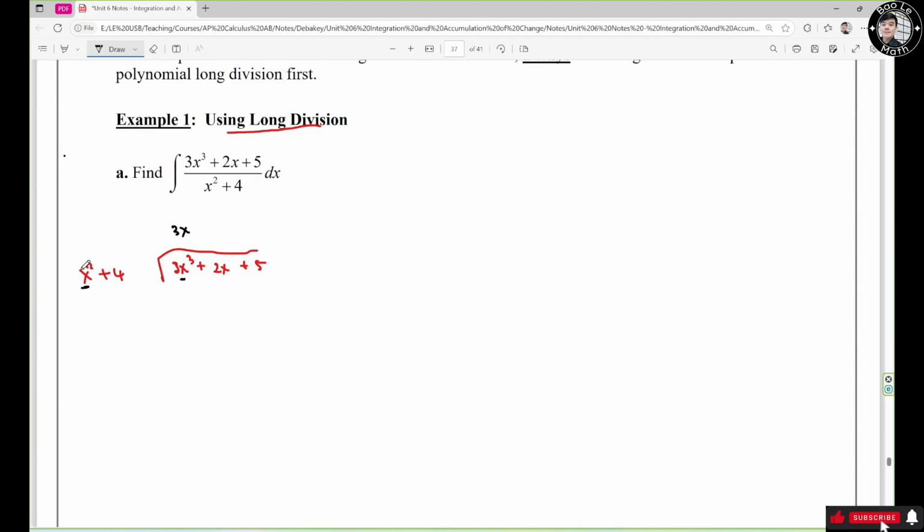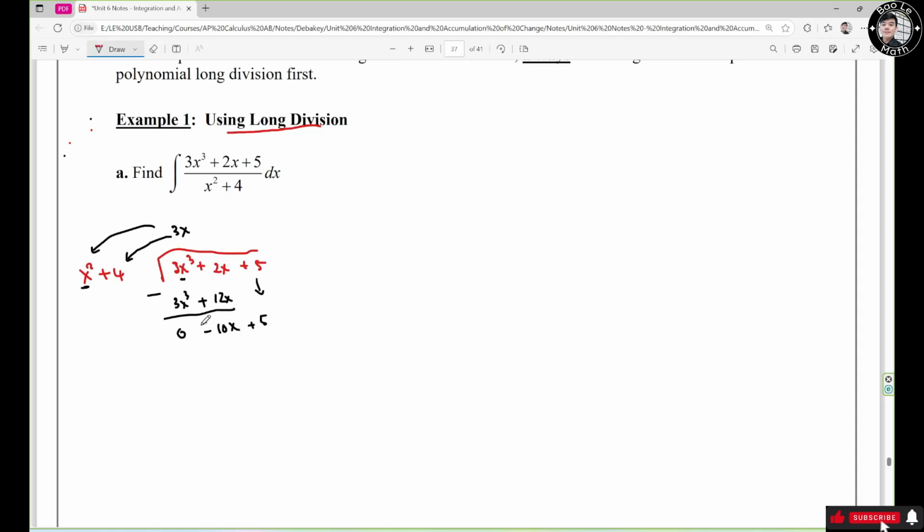Now you multiply 3x times x squared, which is 3x cubed, and 3x times 4 is 12x. Then you do subtraction. So the cubed terms subtract to 0, and 2x minus 12x is negative 10x. You bring the 5 down.